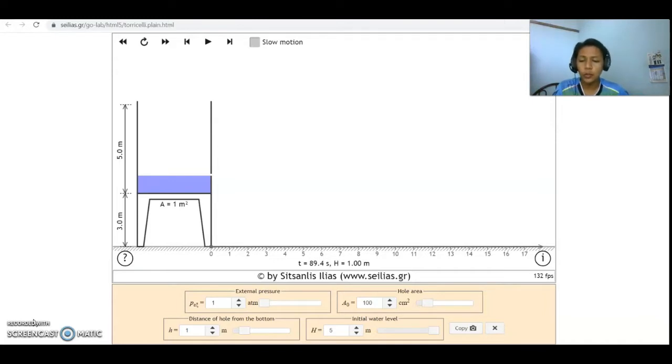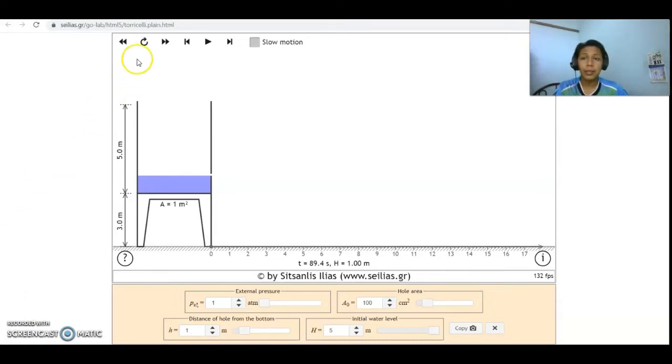Today I want to present the steps or procedure of the Bernoulli equation Torricelli law experiment. But before we start the experiment procedure, I would like to tell you the materials or apparatus that we use in this experiment. First, a bucket.